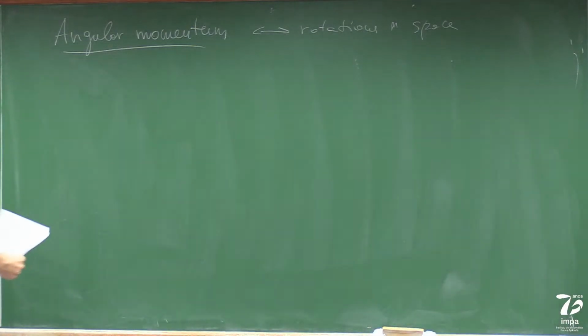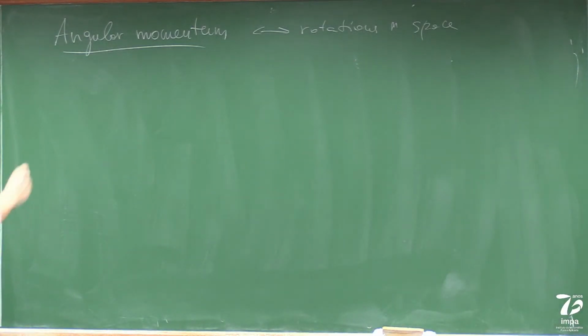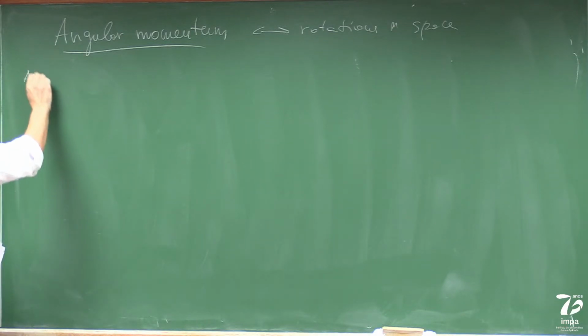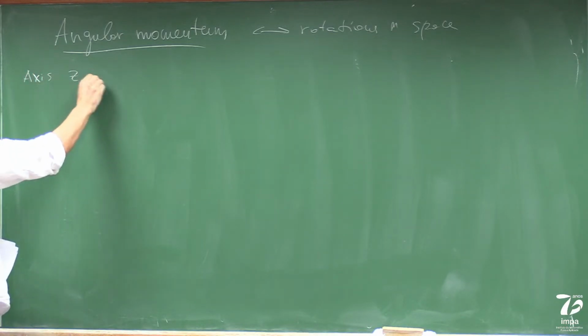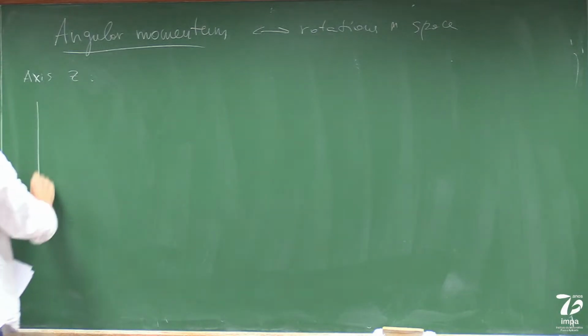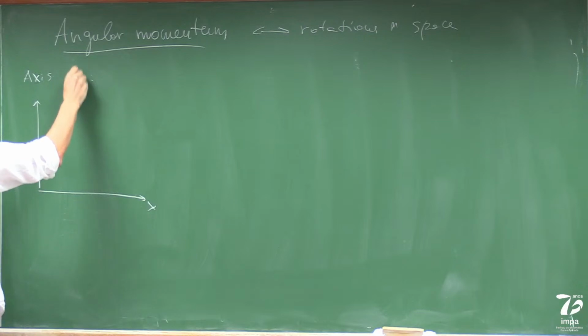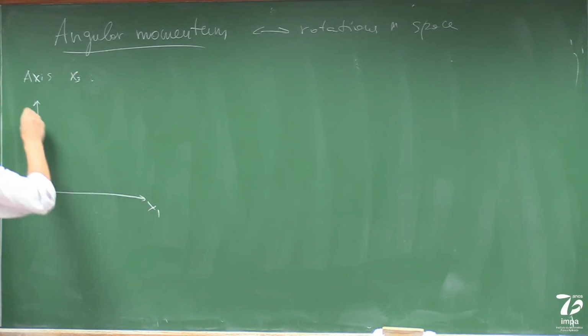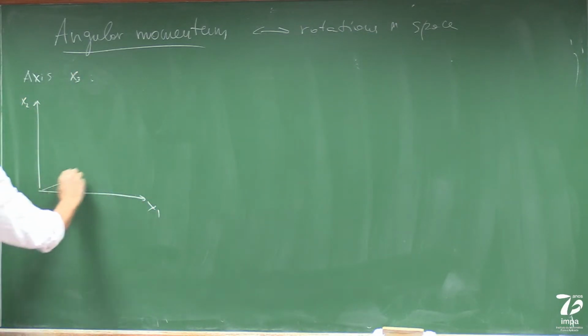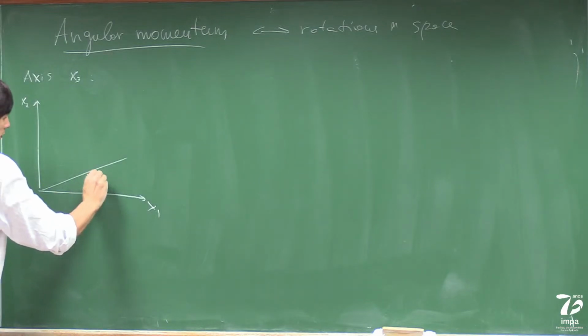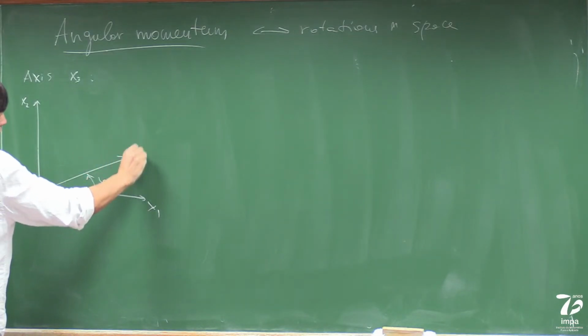So let's rotate around axis z first. It means that we will rotate in the plane x1, x2, with x3 fixed, and we rotate it with angle psi, and this gives us new coordinates.